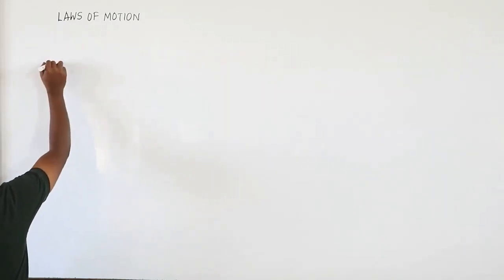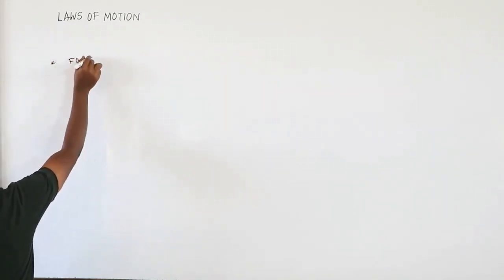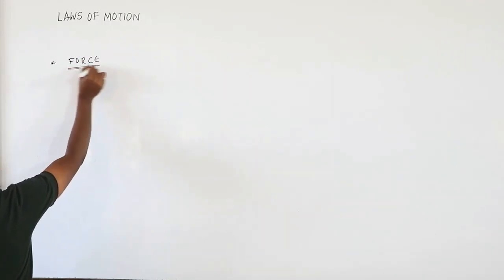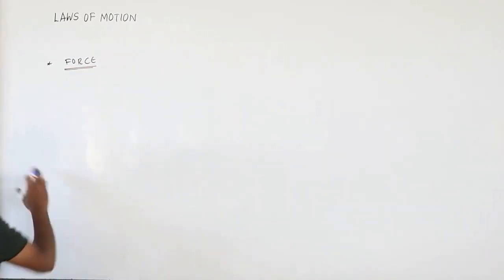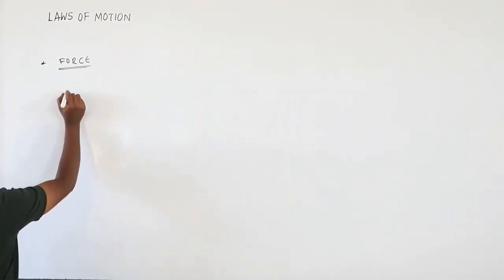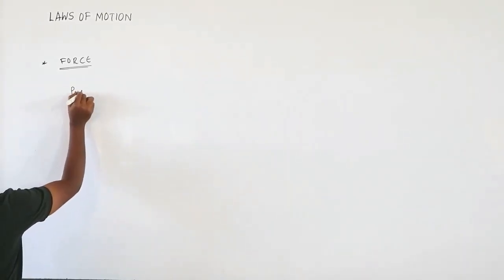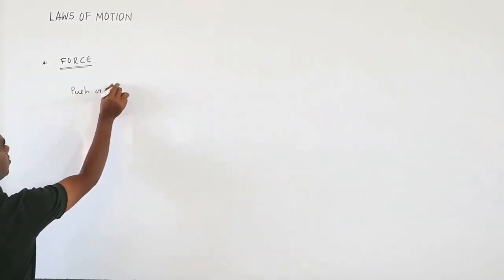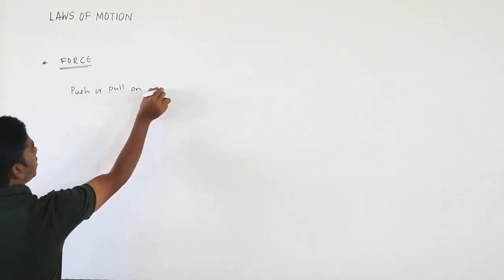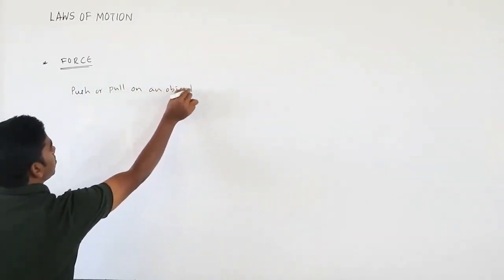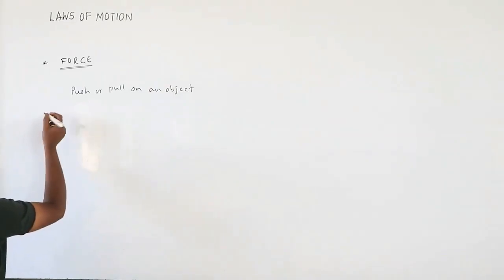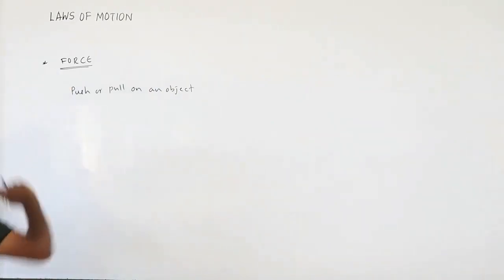Before going to Newton's laws of motion, one more thing we should be very clear about, very important, that is force. What exactly is force? We have already discussed it in our bridge course. Simply we can say it is a push or pull on an object. A push or pull on an object is said to be a force.